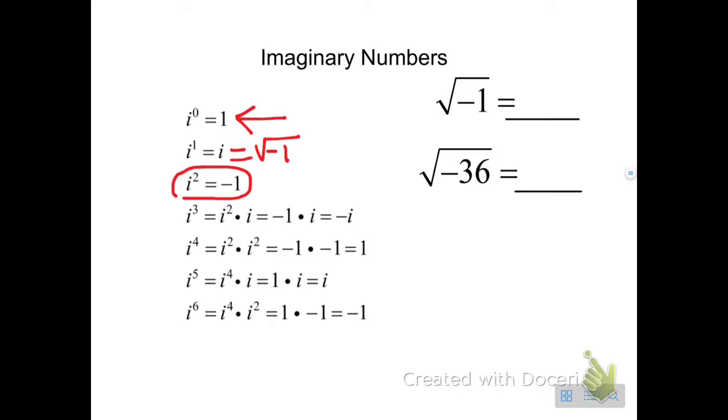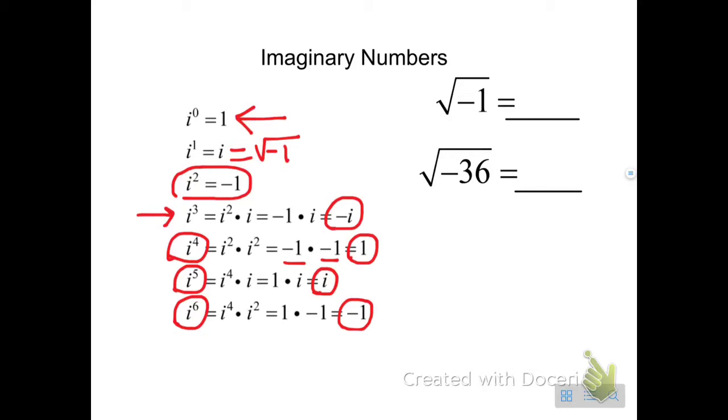And then you go through a pattern here. i cubed is equal to negative i. i to the 4th is equal to 1 because negative 1 times negative 1 is positive 1. i to the 5th is the same thing as i. i to the 6th is negative 1. So you start the repetition.